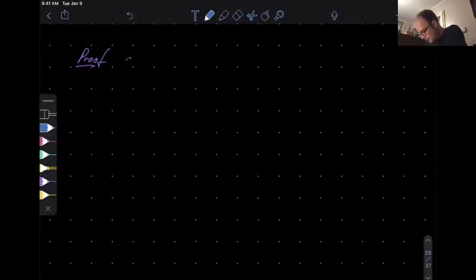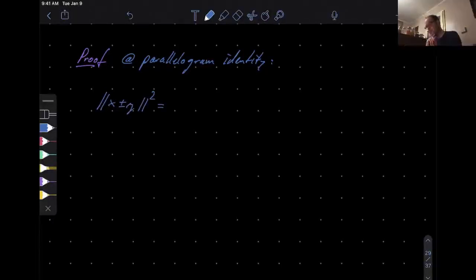So the parallelogram identity, this is a one-liner. So we will need x plus minus y, these quantities. So remember, by our definition of this norm, this is the inner product of x plus minus y with x plus minus y.